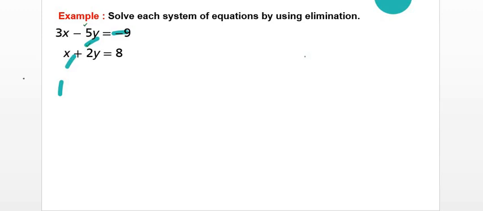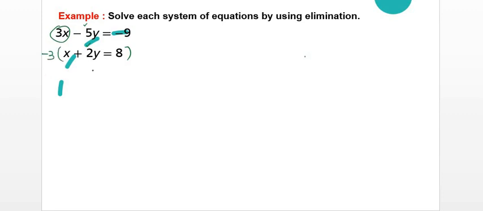Now look at this. I can multiply the second equation by 3. What will happen? This 3 times x will become 3x, and I will have the same terms 3x and 3x in both equations, and these two can be eliminated, right? Sometimes the students directly multiply these equations by -3.